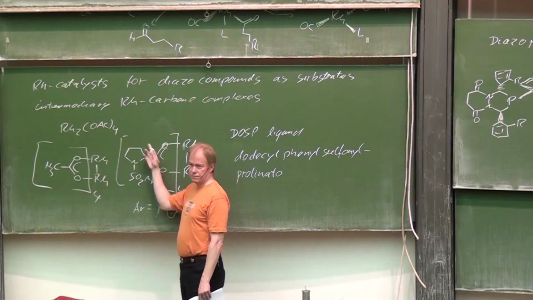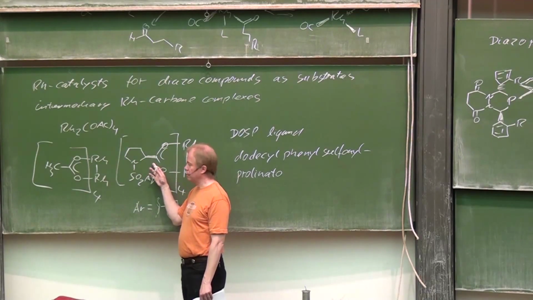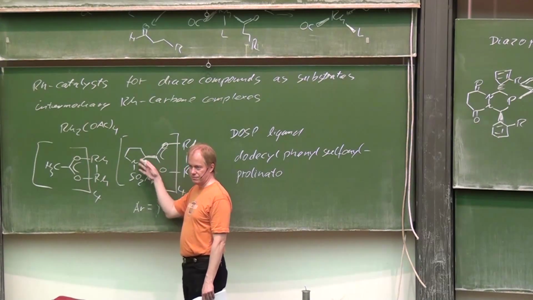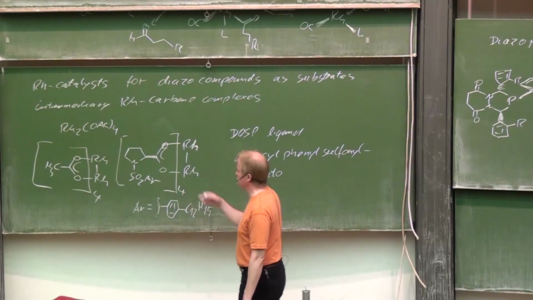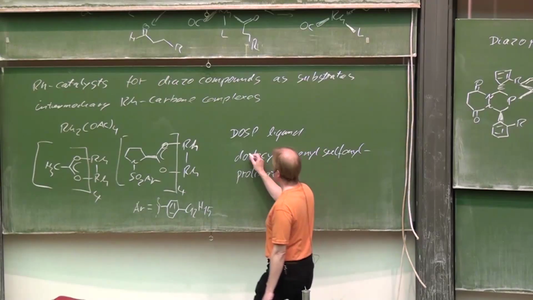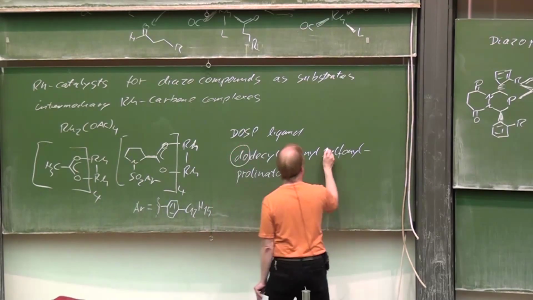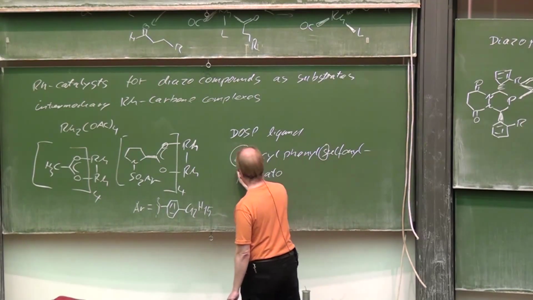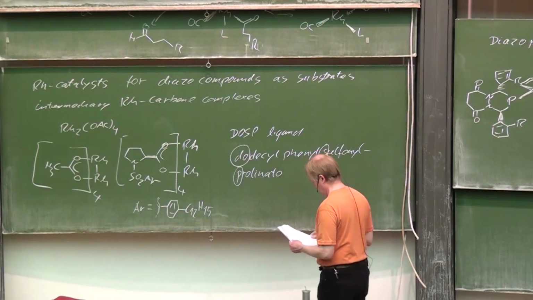Well, proline as amino acid. Proline moiety you should figure out here. So, DOSP, DO here, S is here, and there is the P.